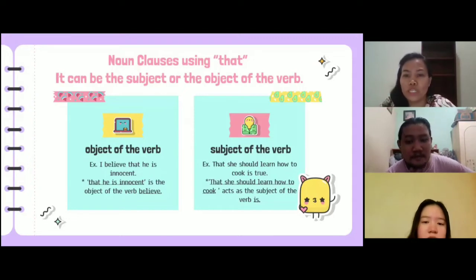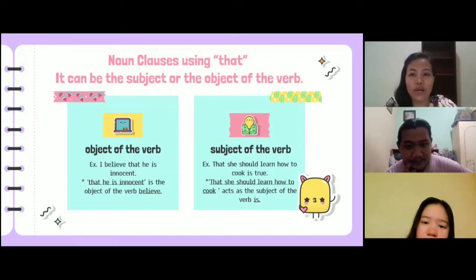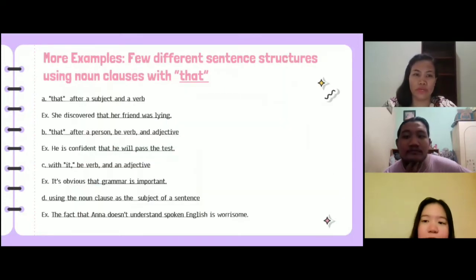Now, subject of the verb. That she should learn how to cook is true. That she should learn how to cook is the subject of the verb, and the verb is is.